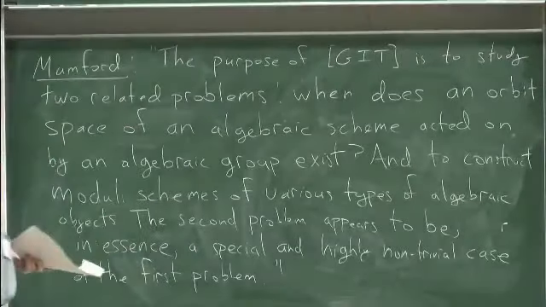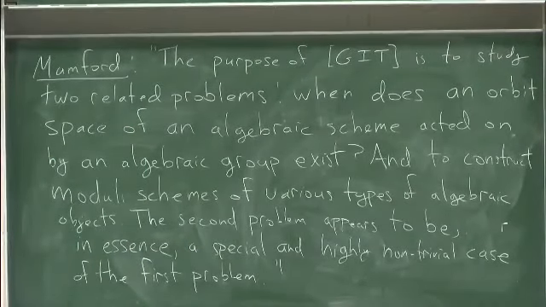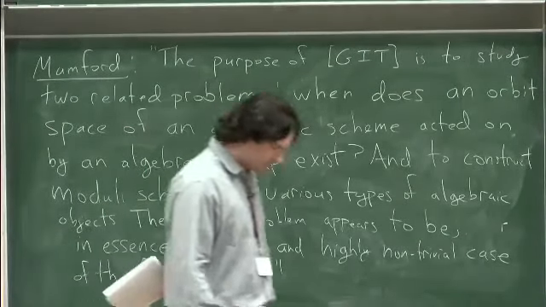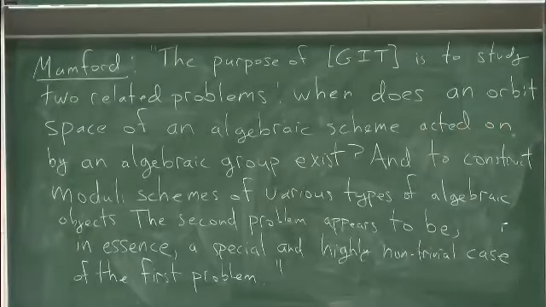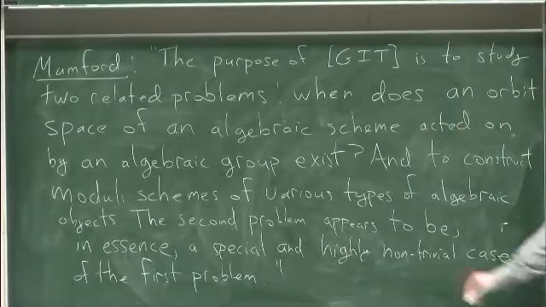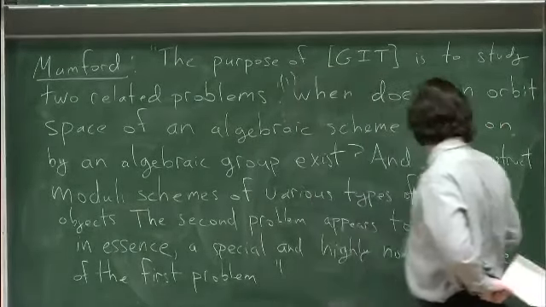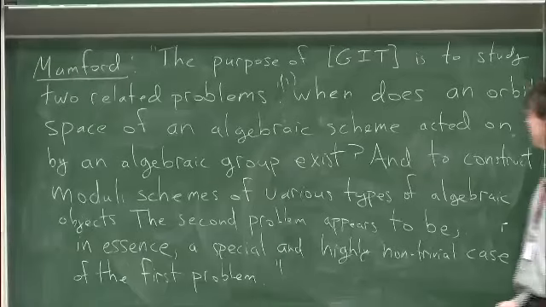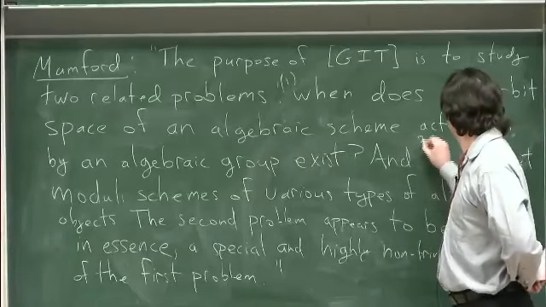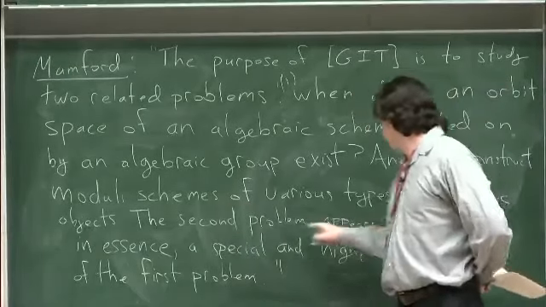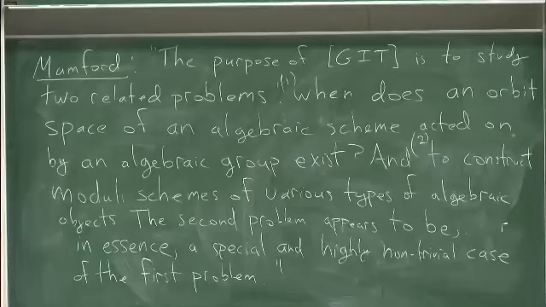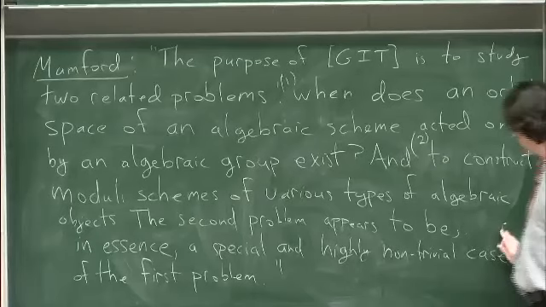It says, "The purpose of GIT is to study two related problems. When does an orbit space of an algebraic scheme acted on by an algebraic group exist? So that's one. And two, to construct moduli schemes of various types of algebraic objects. The second problem appears to be, in essence, a special and highly non-trivial case of the first problem."